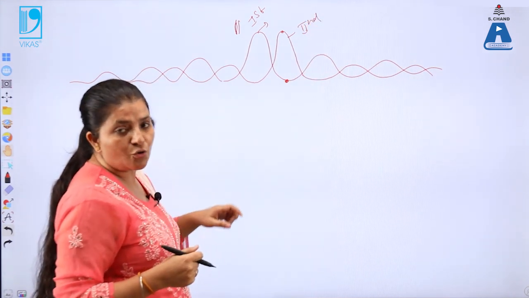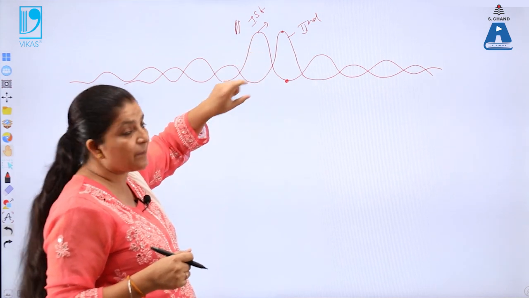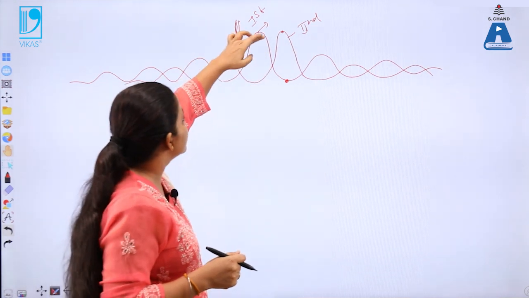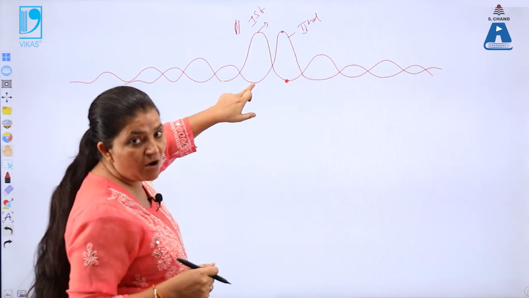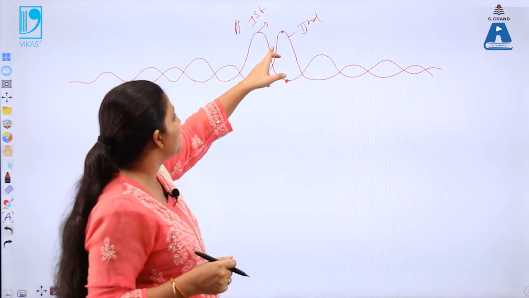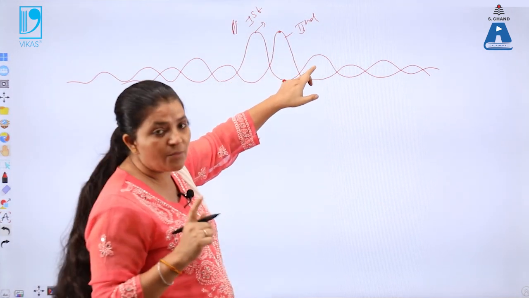So we are able to resolve these two objects as separate objects when the central maxima of one falls on the first minima of the other, or you can say that the minima of the first falls on the central maxima of the other.